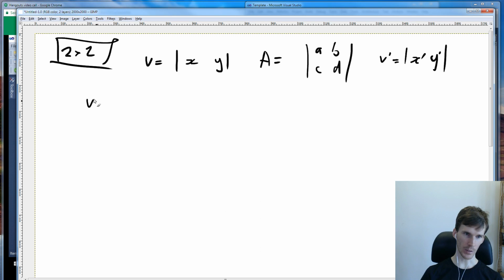We get v times A equals v dash, which then gives x, y times A, B, C, D equals, and we'll do the maths for that in a sec.